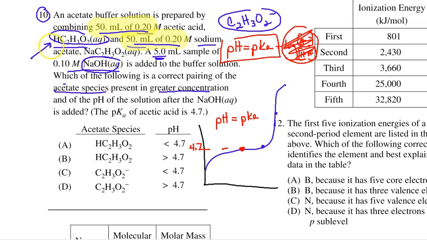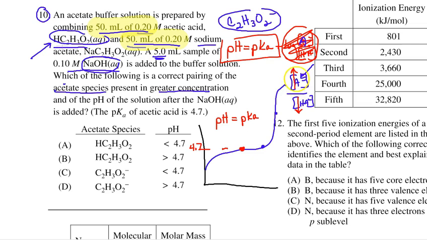Because we took out some of the acid. Remember, now it's the log of the A minus, that's the conjugate base, over the conjugate acid. There's going to be a lot more conjugate base than conjugate acid because we ate up some of the acid, and as you do so, you make more conjugate base.